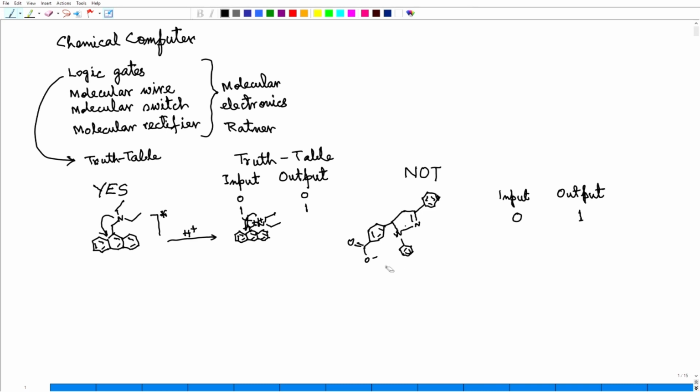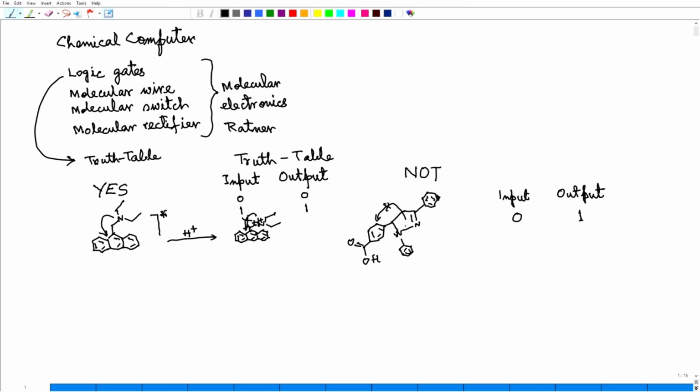If this is negative, it cannot get more electrons, so it is not possible. But if I protonate that now, the negative charge is gone.